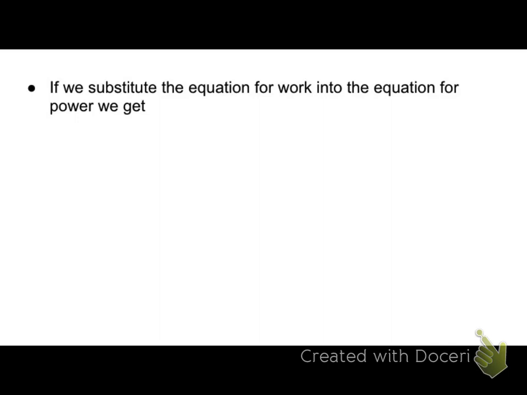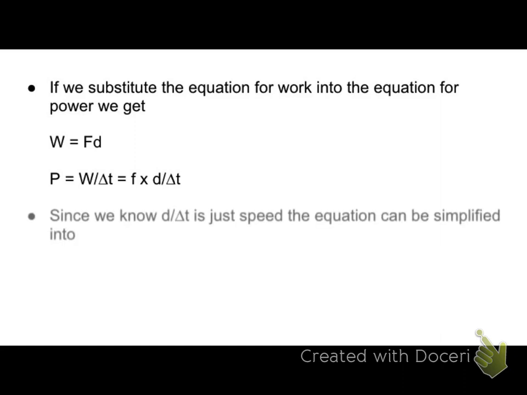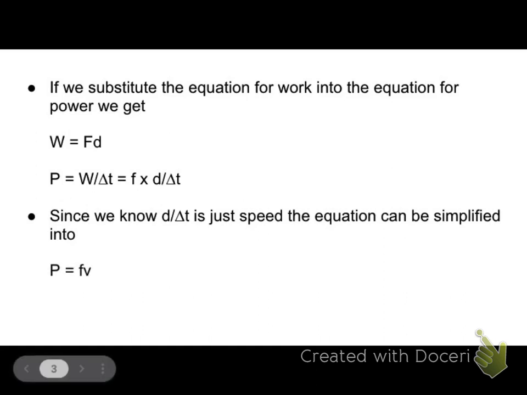If we substitute the equation that we have for work into the equation for power, we get an equation that looks like this. We know our equation is work equals force times distance. And we can sub that in, so we could substitute it in as power is equal to force times distance all over time.